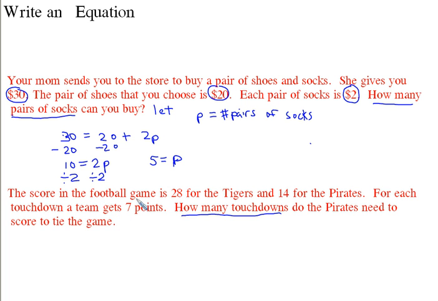So the score in the football game is 28 for the Tigers. Assuming they don't score anymore, we need to get up to 28. So that's going to be the key thing there. Right now we're at 14. And each touchdown is worth 7. And we're looking for the value of how many touchdowns.